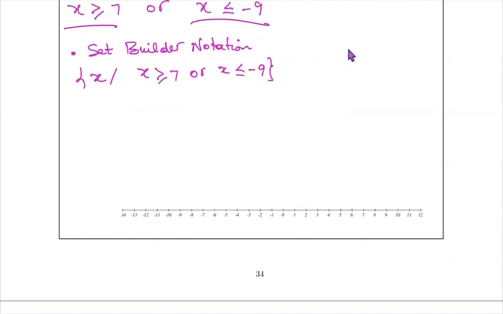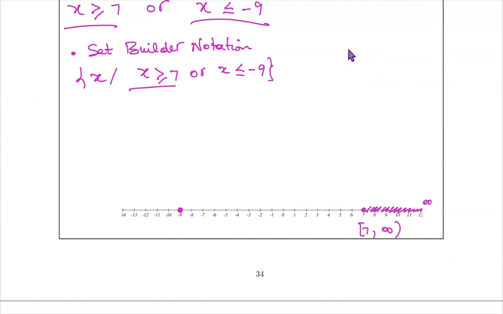And then on the number line, let me find negative 9, with a closed circle, and then 7 also with a closed circle. For 7, x is greater, so we go to the right to infinity, which gives you a portion of the solution in interval notation as 7 to infinity.